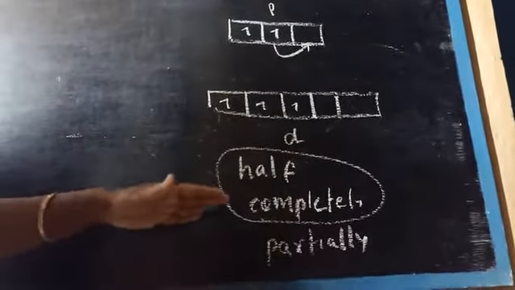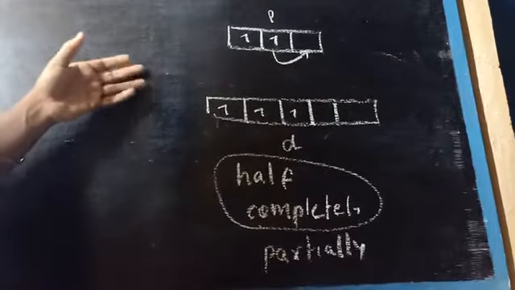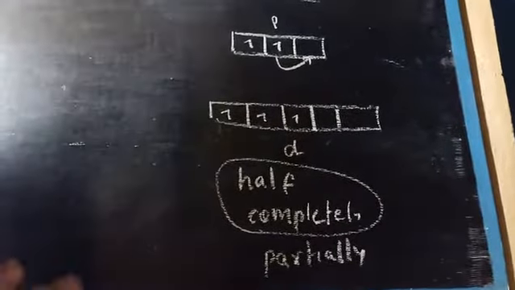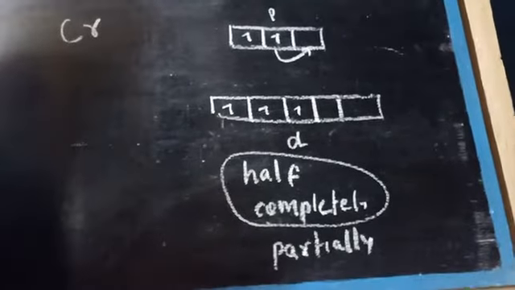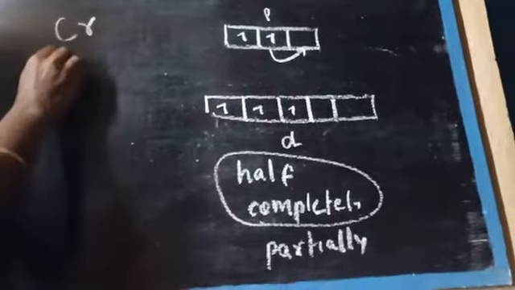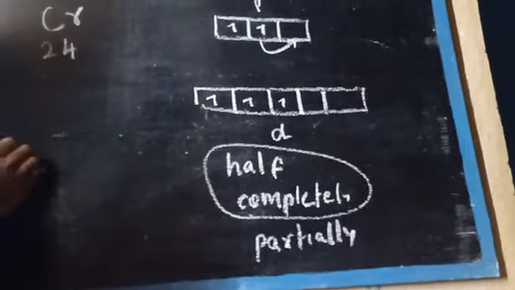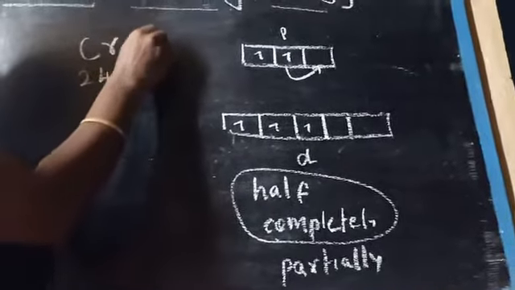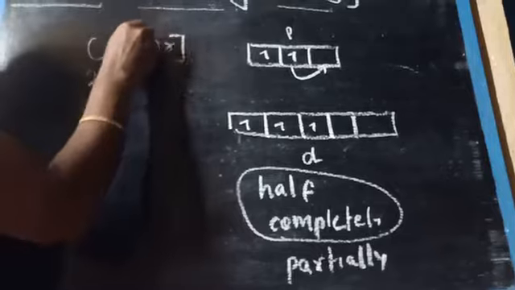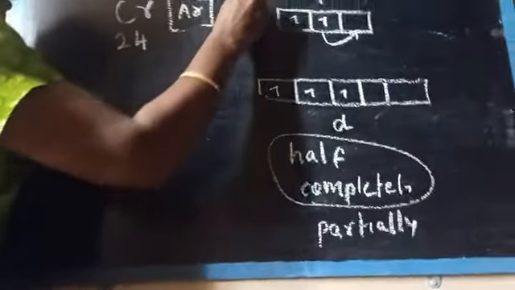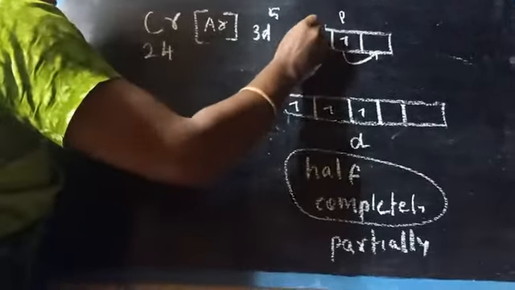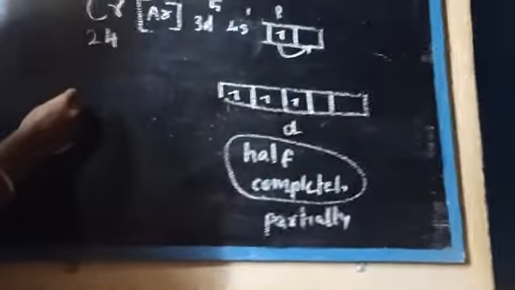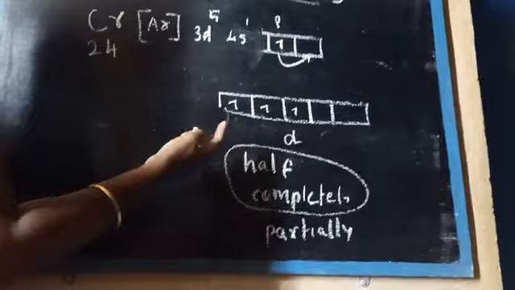Now I will explain this concept with an example. Here I take the example of chromium. Chromium, atomic number 24. Electronic configuration: first write argon, then 3d5 4s1, and another one 3d4 4s2.